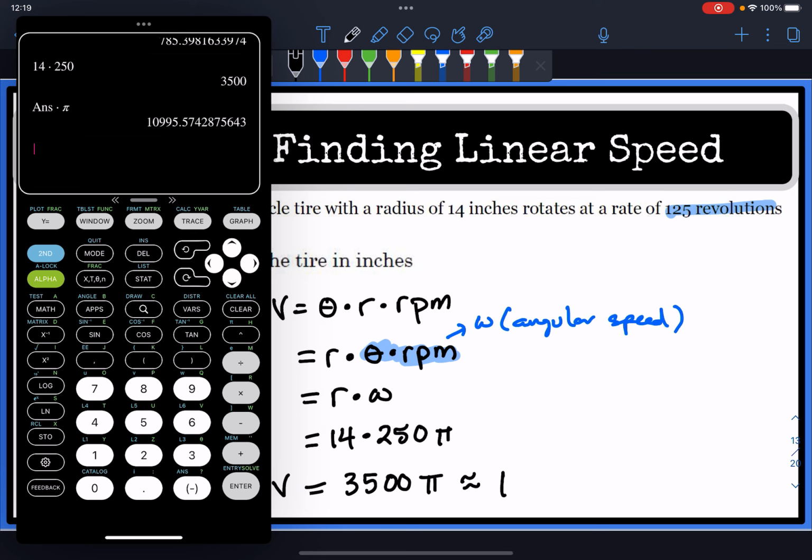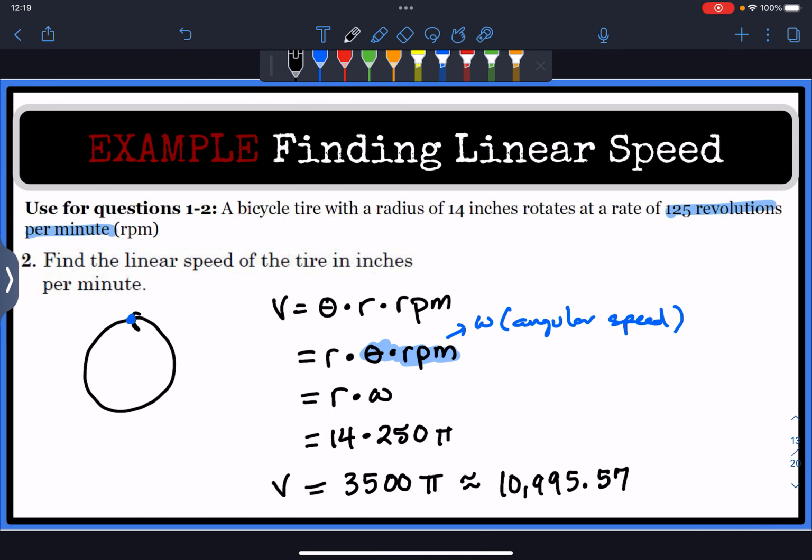This approximates to 10,995.57. And the units are not going to be radians, but inches per minute. That's how we calculate our answer, by simply multiplying our angular speed with the radius to get the linear speed, V.